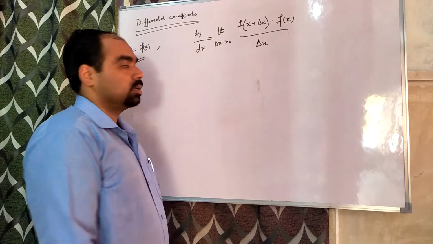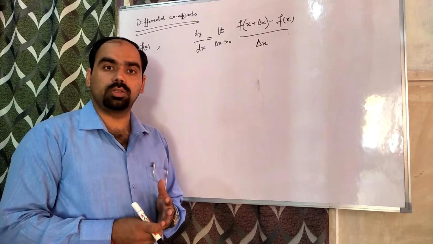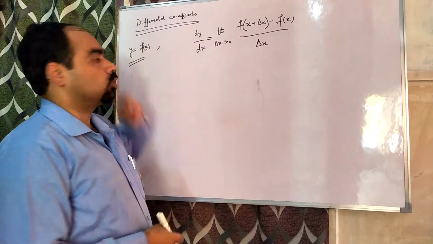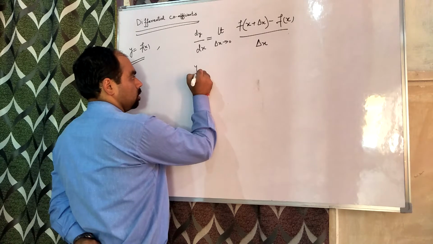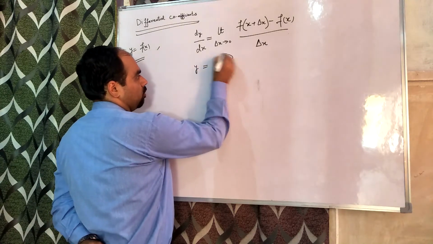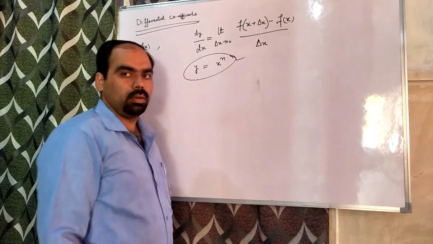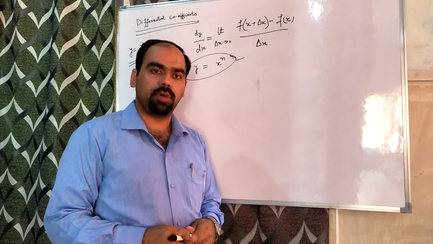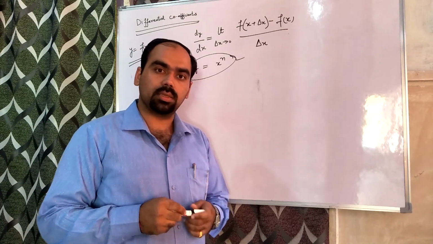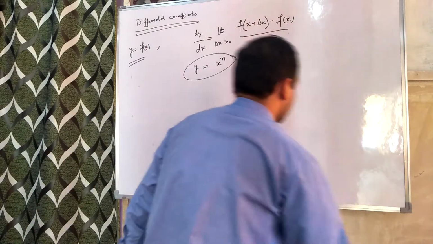Now, in this and in the last lecture, we have also got the value of the differential coefficient for a function y is equal to x raised to power n. But today we are going to look at the functions sine of x and cos of x. Let's get these values.